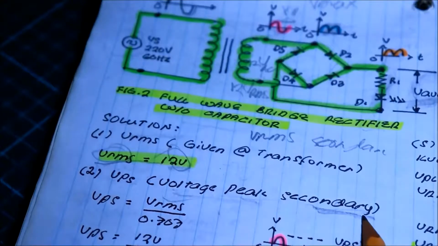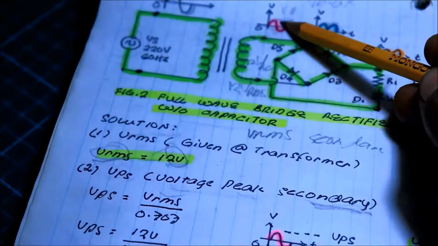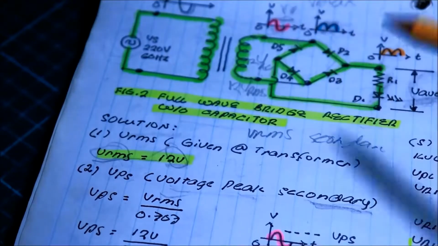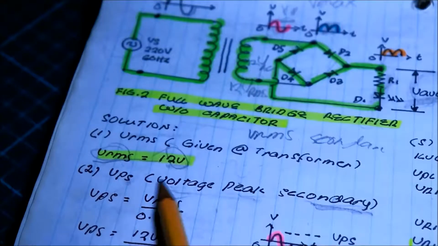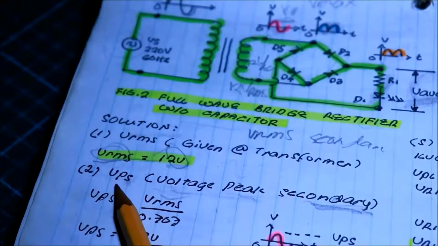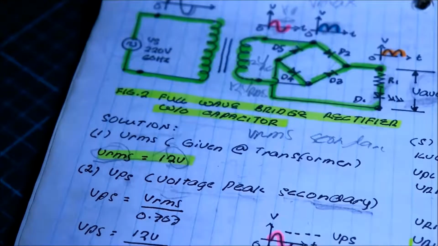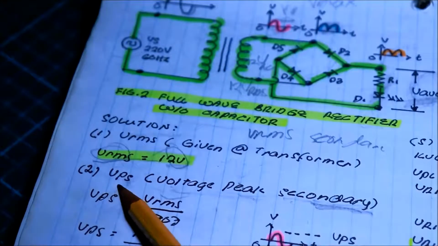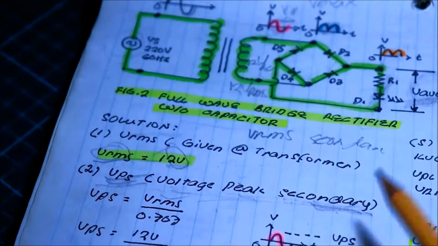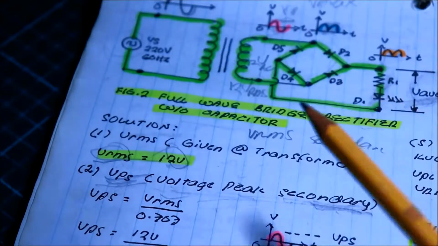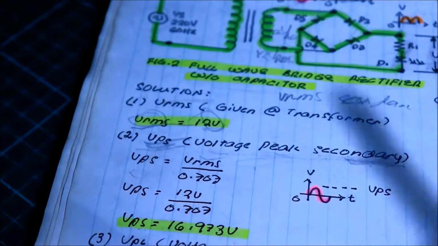Voltage peak at the secondary, we know, is located at the top of the sine wave. That's why they call it voltage peak. I denoted S here because we are using VPS referring to the secondary. So let us make this VPS for computation, our voltage peak secondary, just to simplify the problem. And then we have a formula for the voltage peak.